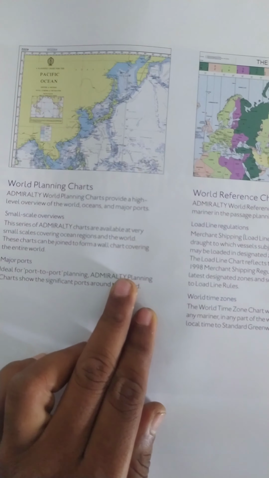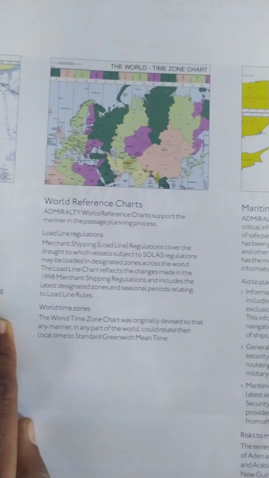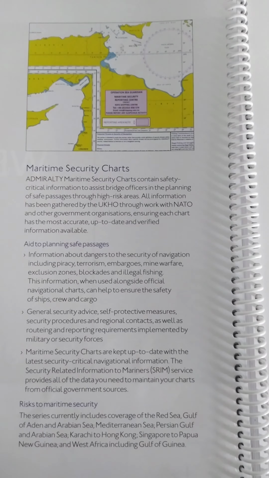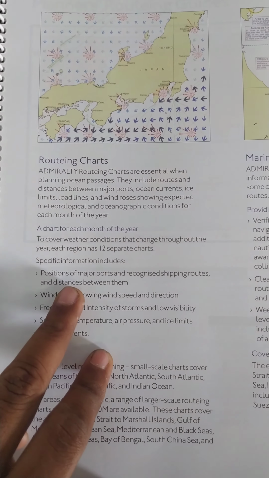Then the world planning charts, the world reference charts, maritime security charts, routing charts. Routing charts are charts that are used for getting the weather information.